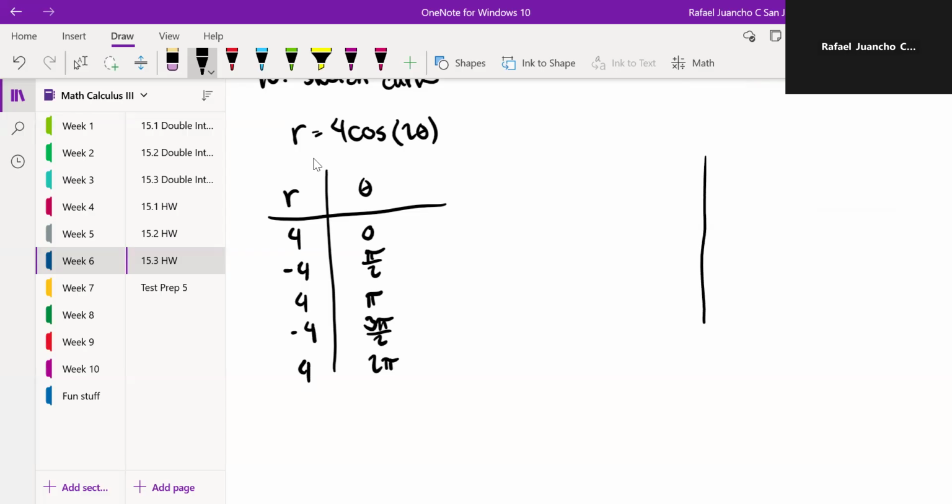So again, how would that look if I were to draw it in my xy plane? Well, my 4 here, probably here, starts at 0. And then at pi half, I'm at negative 4. Okay, they're all 4s.